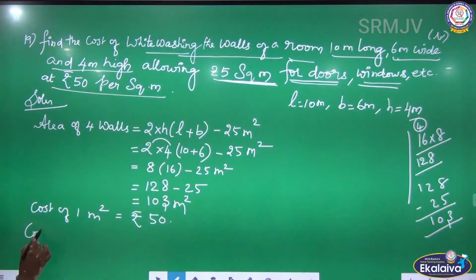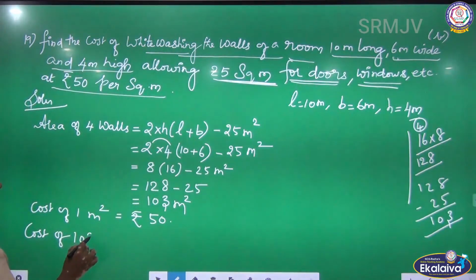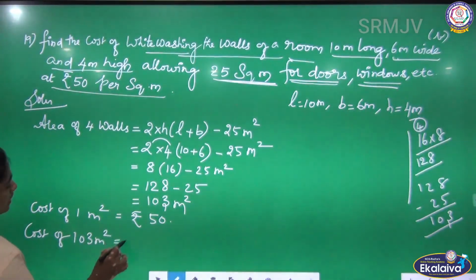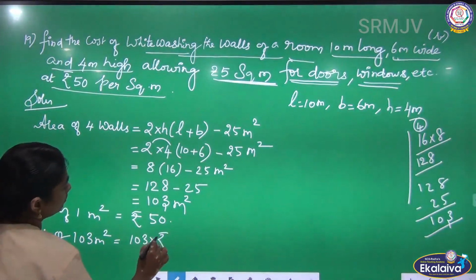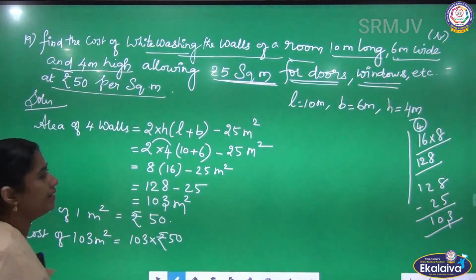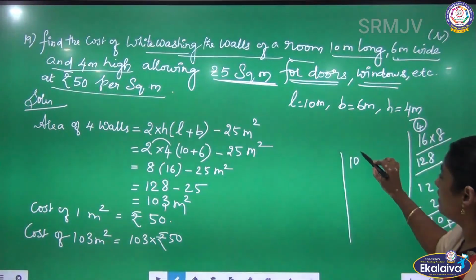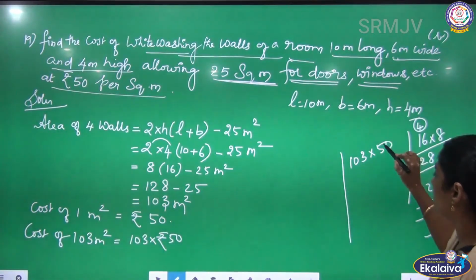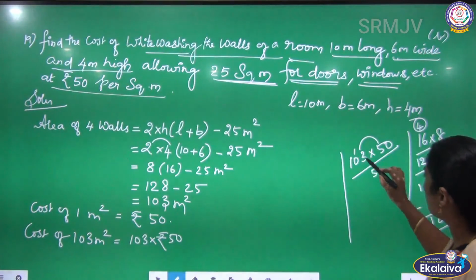Now I am going to find out cost of, what is the area we have found out? 103 meters square. So listen, 103 into rupees 50. Now we see this calculation. 103 into 50. Listen. 5 3s are 15, balance 1.